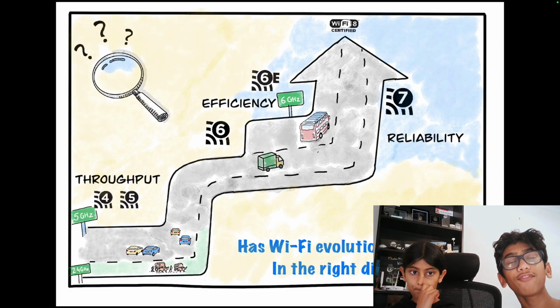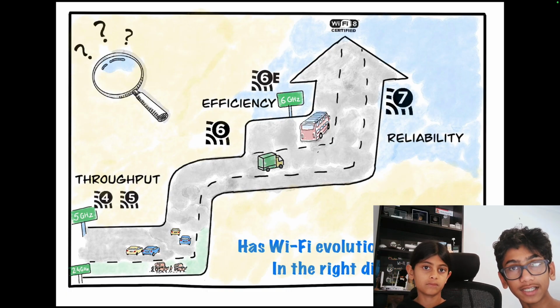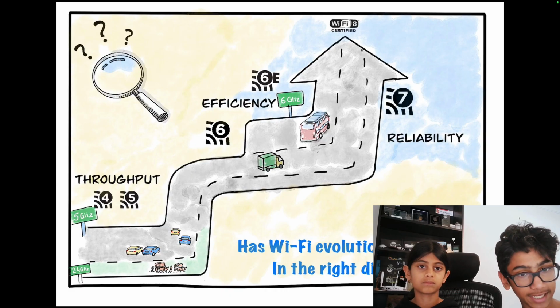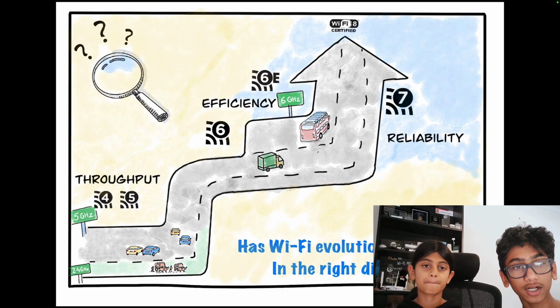Well, Wi-Fi 6 was HE, for high efficiency. So their main goal was completely different to Wi-Fi 4 and Wi-Fi 5, and they changed it to efficiency, because they realized that even though they made the roads wider, it didn't do anything if only one car could go at a time through the road.